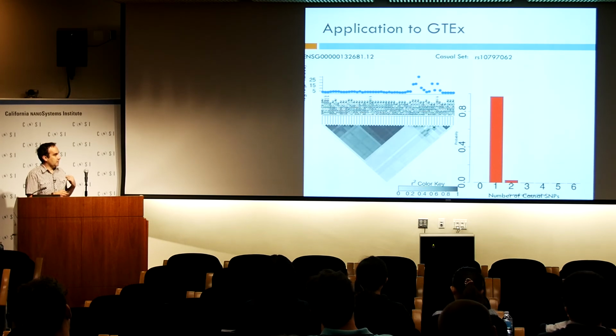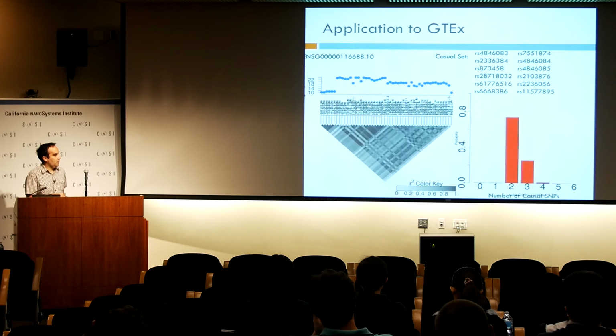Then we apply it to GTEx data. Here's an example of one locus where we see with very high probability there's only one causal variant. But here's another example where there's a lot of LD, there's a lot of significant variants, but our method tells us that there's probably at least 2 causal variants.